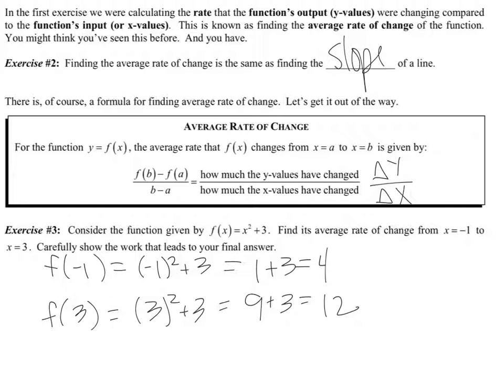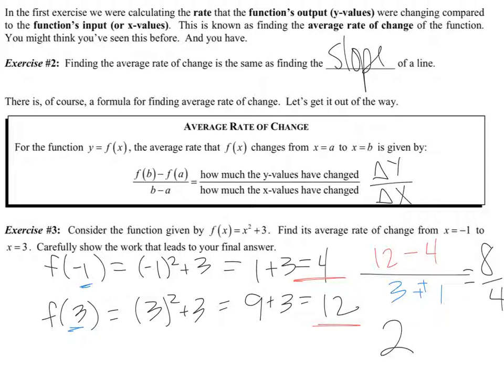So we're going to first find f of b minus f of a. So f of b is 12 minus, and f of a is 4. That will be divided by b minus a. So this becomes 12 minus 4 is 8, divided by 4 is 2 for the average rate of change.